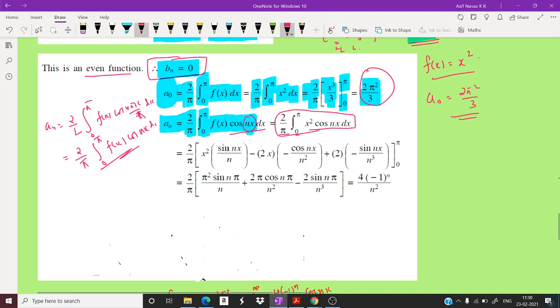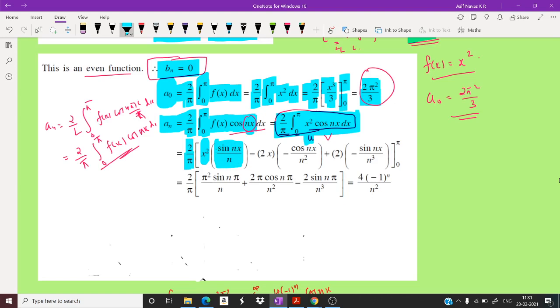Now here we will use Leibniz rule. What is Leibniz rule? Here x square is u and cos nx is v. I already defined what the rule is. So 2 by pi, first u is x square into v1, where v1 is the integral of cos nx. What is the integral of cos nx?